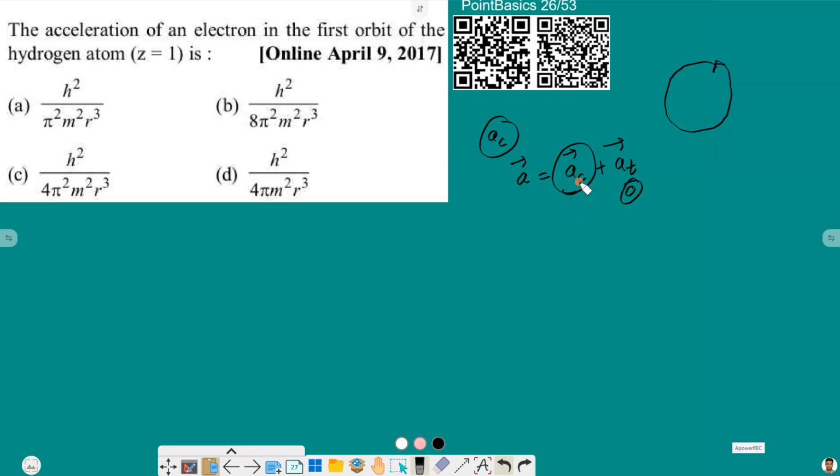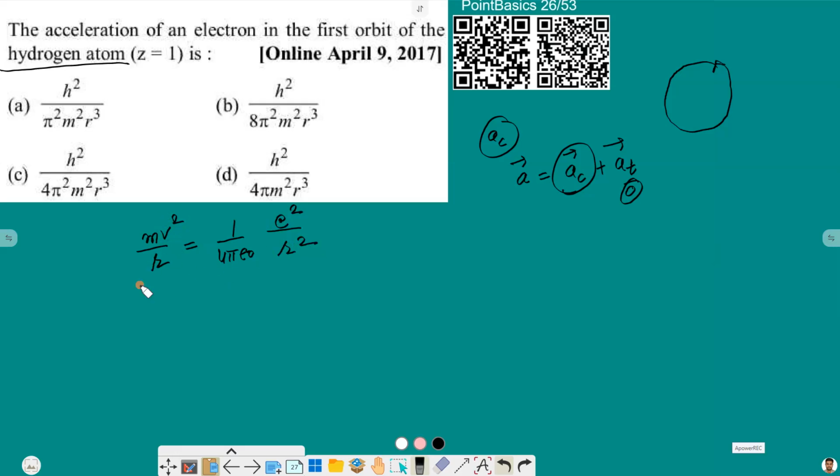And for that we can use the basic formula: the centripetal force mv square by r will be equal to the electrostatic force, and that is 1 by 4 pi epsilon naught into charges. This is for a hydrogen atom, we have one proton and one electron, so the charges will be e and e, so e square by r square.